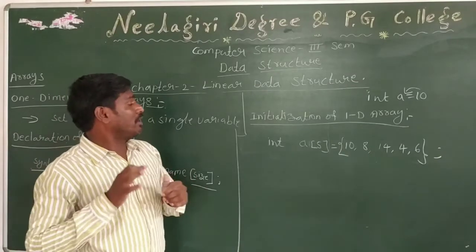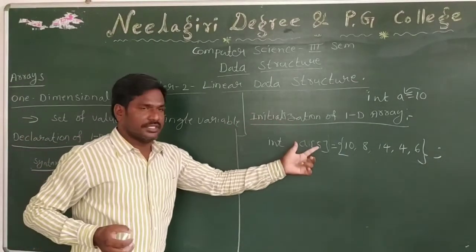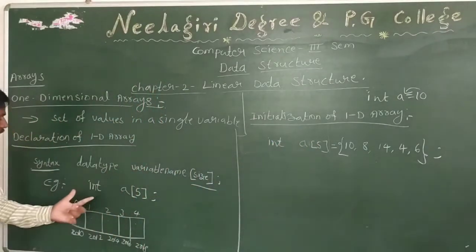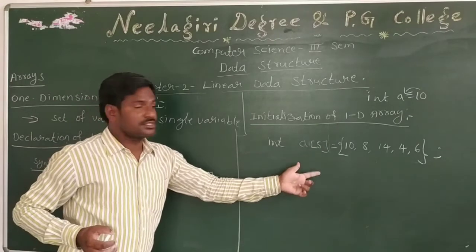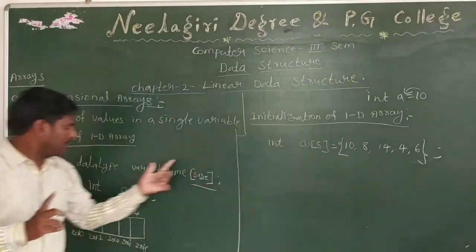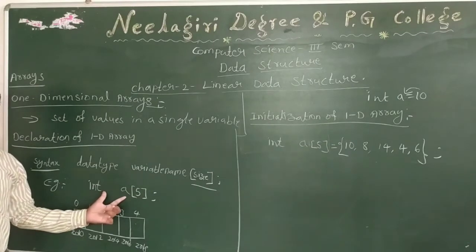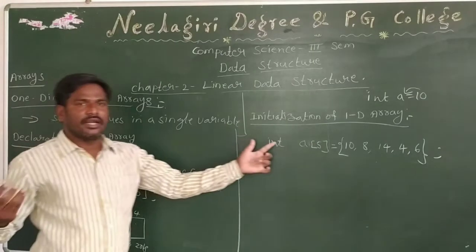Okay. Next, this is a declaration, this is the initialization. If you declare once, how to assign the values later? This is the declaration and assignment done only one time. But I declare the variable once in one position and I want to assign the values at another, later position.